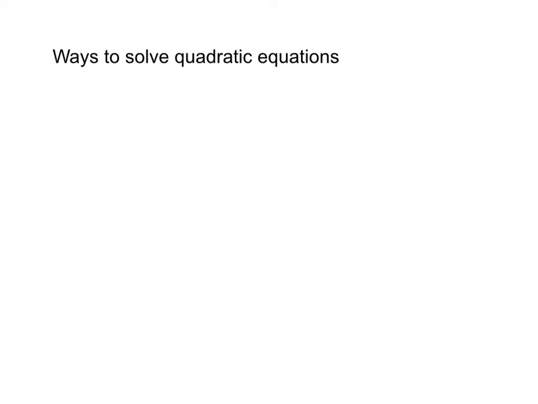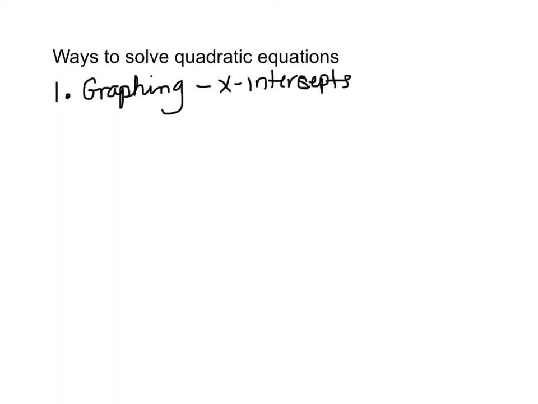Okay, let's do a quick recap here about ways to solve quadratic equations. The first way that we looked at was graphing. When you use graphing, you see where the x-intercepts are. That would be a solution. If you use a calculator, that's also considered graphing.